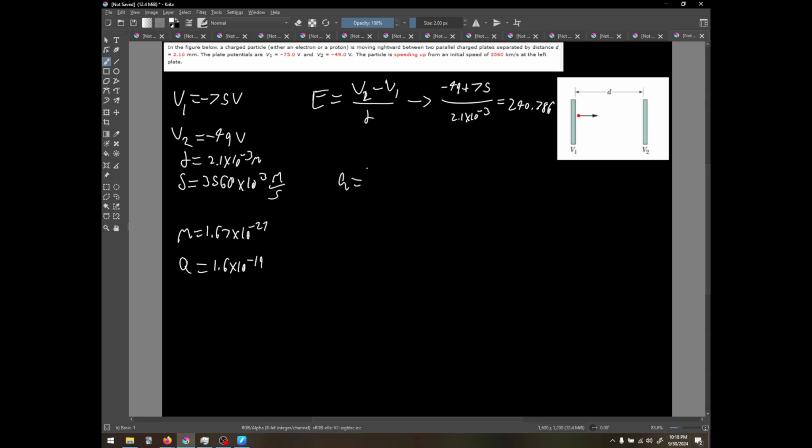A equals QE over M, which is going to turn into 1.6 times 10 to the negative 19th.